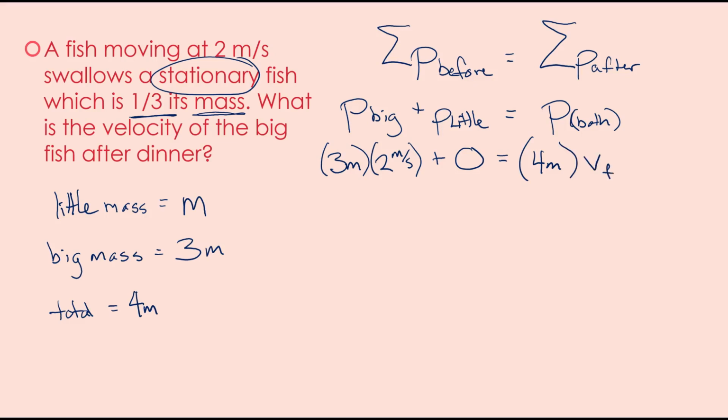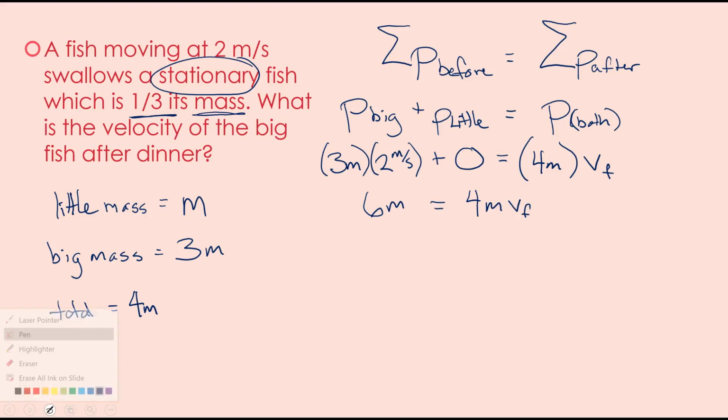We want to know the velocity of the big fish after his dinner. Well, we can say that 6m is going to equal 4m times VF.